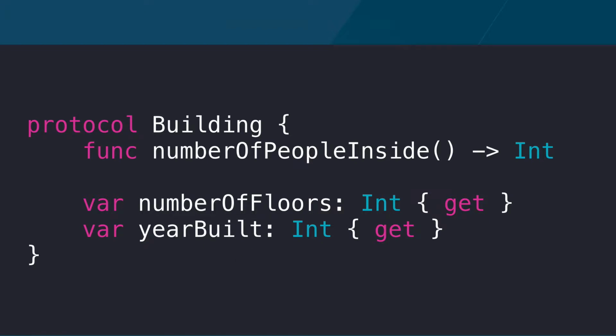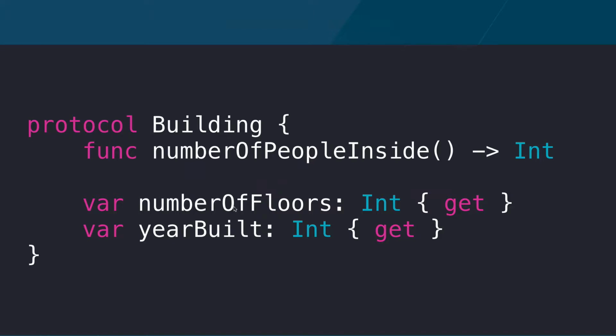So here's the thing. We have many different types of buildings, right? We have maybe office buildings and houses and grocery stores. And they all share a few things in common, which is where the protocol can come in handy and make sure everything that wants to be a building, no matter what kind of building it is, meets those requirements of being a building.